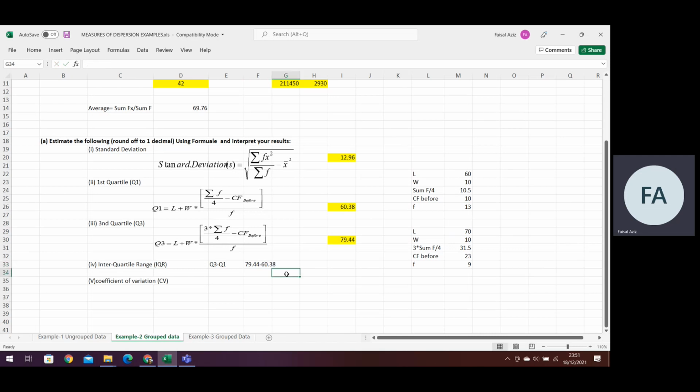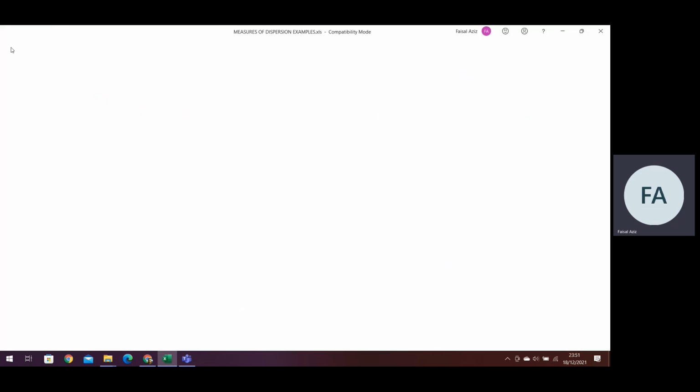So this will be our interquartile range. Let me write it over here. The interquartile range, this is our Q3 and this is our Q1. So the interquartile range is 19.06.